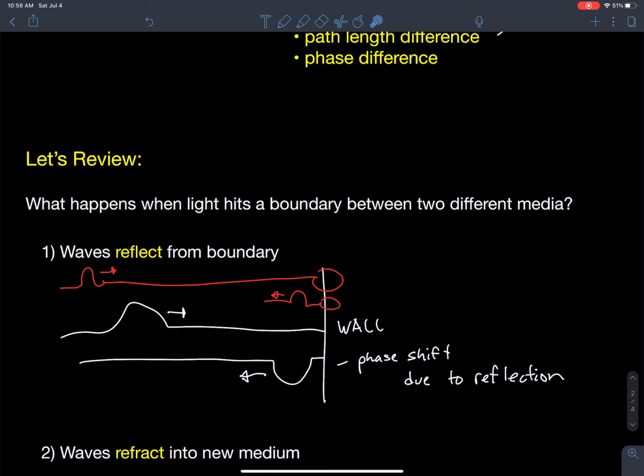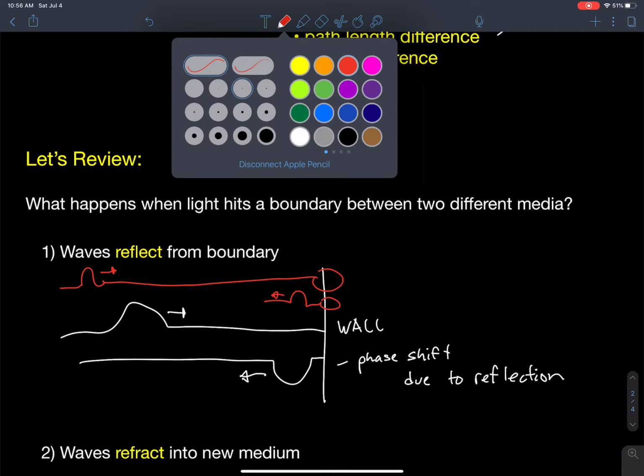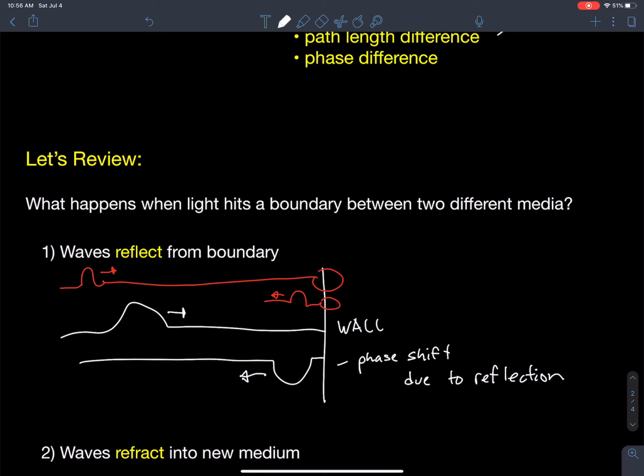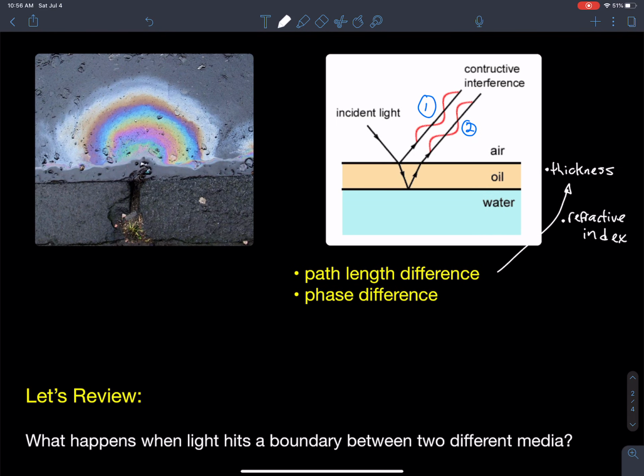So the first question that we have to ask when we look at a reflected ray is: is there a phase shift? If I look at ray number 1 coming in, I need to ask myself, does that light, when it reflects, undergo a phase shift?